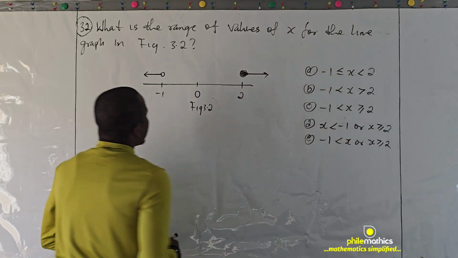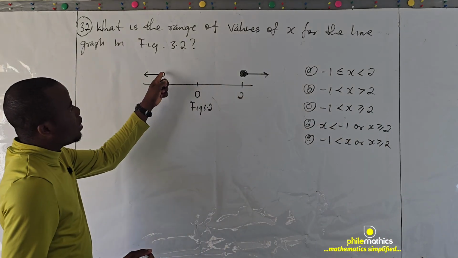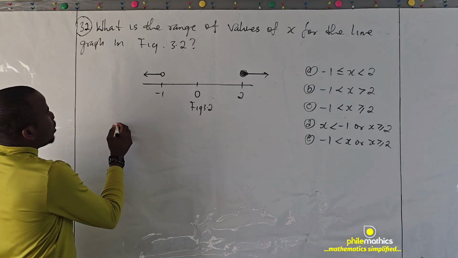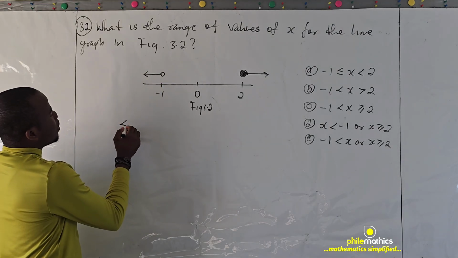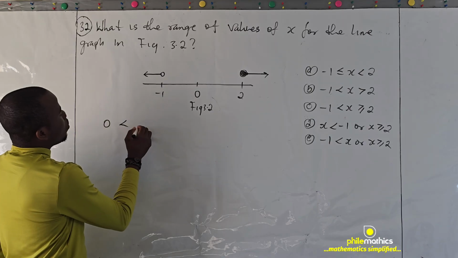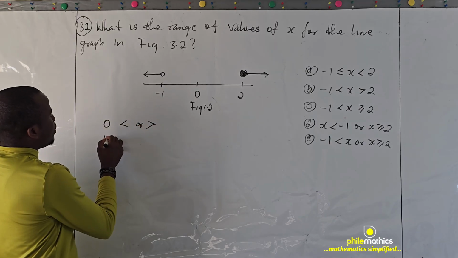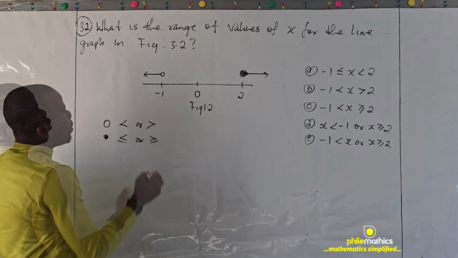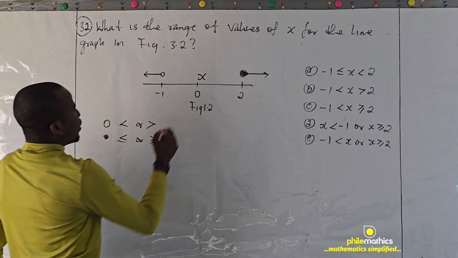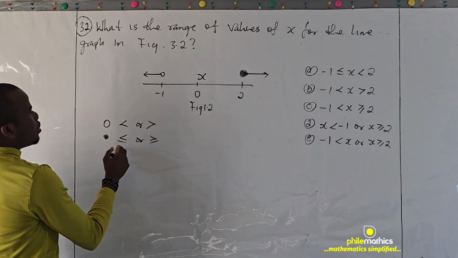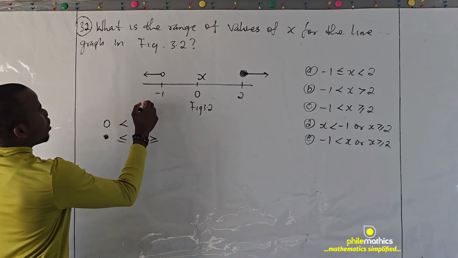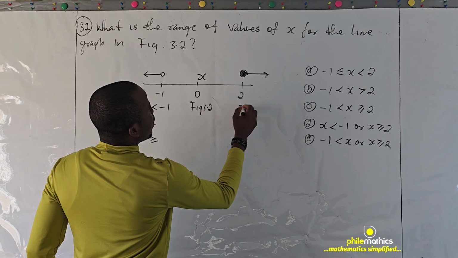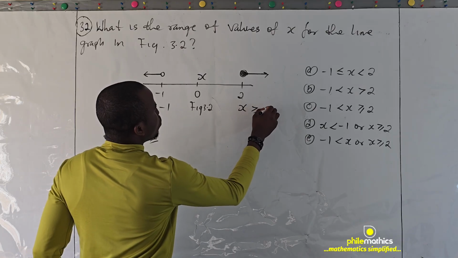What's the range of values of x for the line graph in this figure? So just to refresh our memory, when this is not shaded, it simply means less than or greater than. If it is shaded, it means less than or equal to or greater than or equal to. If this is our x, this simply means x less than minus 1, and this simply means x greater than or equal to 2.